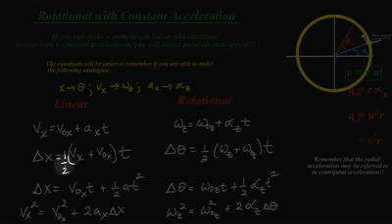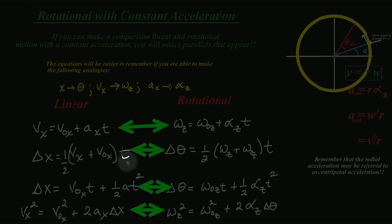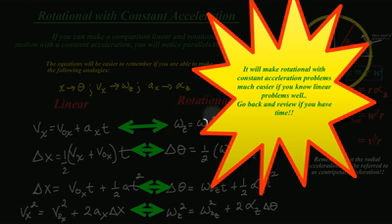The same can be achieved with the rest of these equations, having their counterparts in the rotational system. Okay? So if you're not familiar with the linear stuff, go back and review it, okay? It'll make your life with the rotational equations much easier.